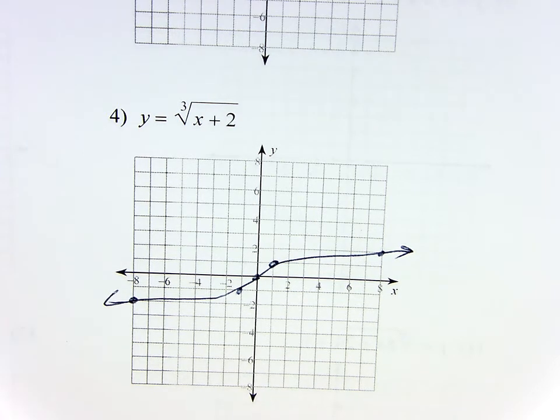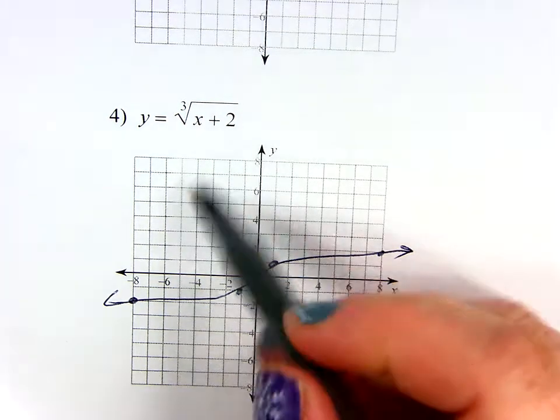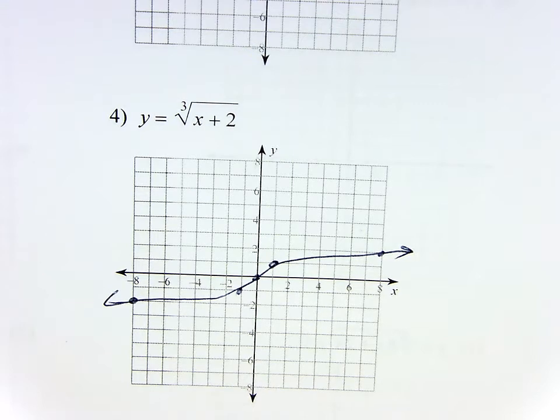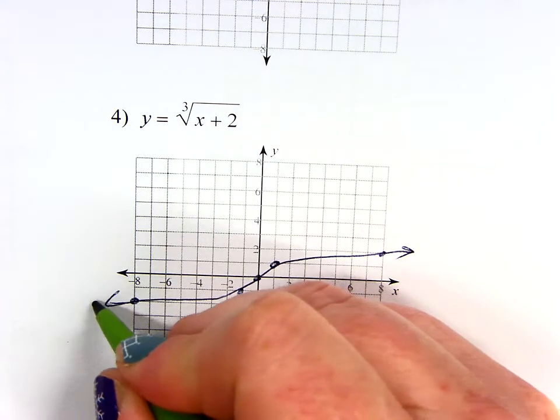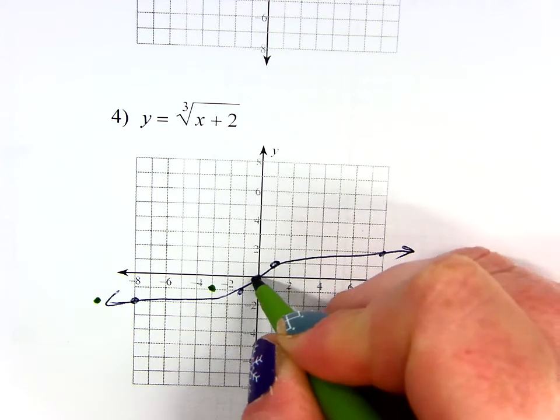Left. Whatever is in there with the x, you always do the opposite of what you see. Because remember, the formula is x - h. Okay? So that would indicate a left 2. So I'm just going to pick everything up and move it left 2. So yeah, some of these are off my grid, but that's okay. I can approximate.